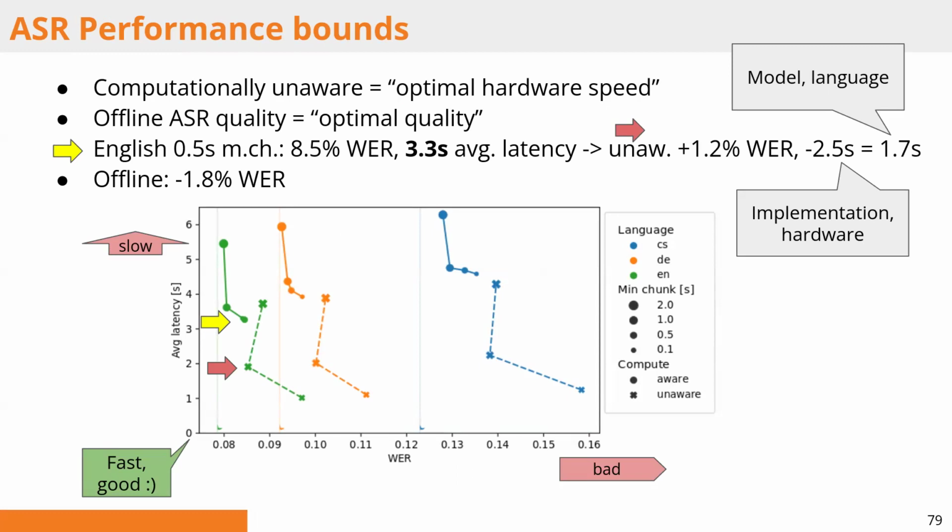Yeah. And here is the evaluation on English in green, on German in orange, and on Czech in blue. And this is speech recognition quality versus latency of the system. And we realized that if we would process the whole audio in offline mode, then the quality would be 1.8 word error rate better in English.